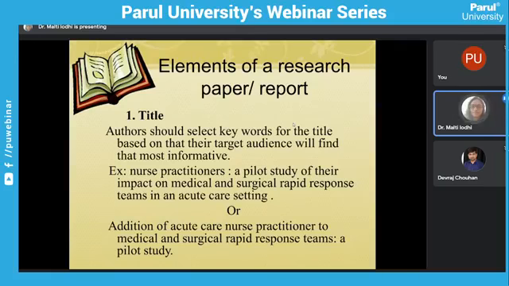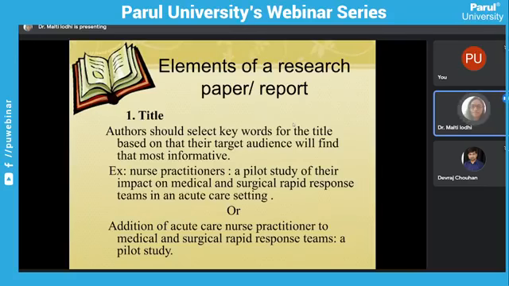Authors should select keywords for the title based on what their target audience will find most informative. Whatever title you choose for disseminating the research should be very clear and informative. For example, "Nurse practitioners: a pilot study of their impact on medical and surgical rapid response teams in an acute care setting."